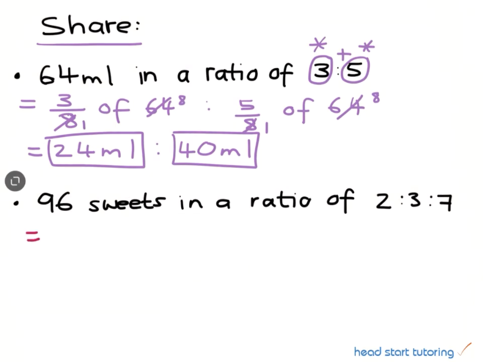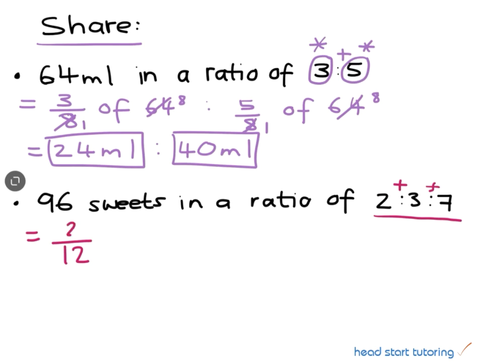Let's now share 96 sweets in a ratio of 2 to 3 to 7. So now, just because we are working with more than one number in our ratio, we still just add all the parts of our ratio together. So we've got 2 plus 3, which is 5. 5 plus 7 is 12. So we've got a possibility of 12.